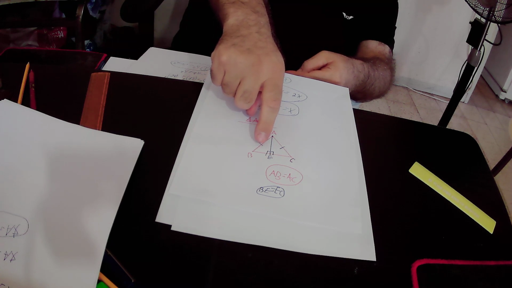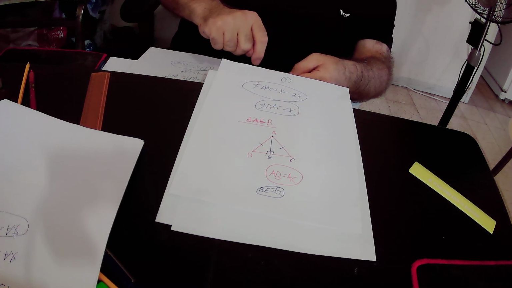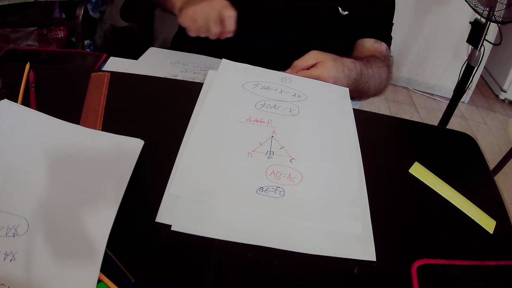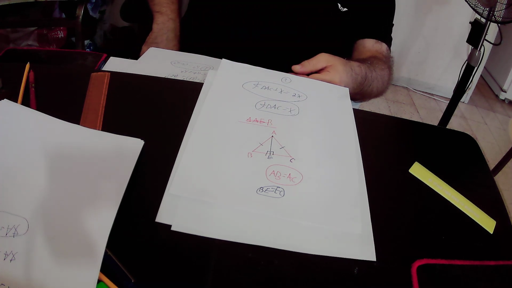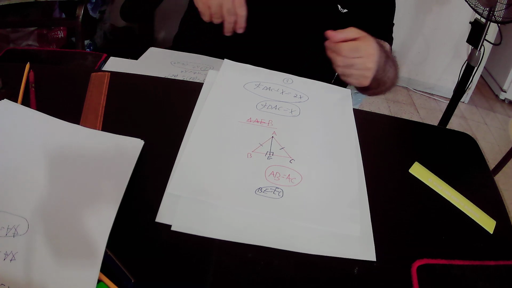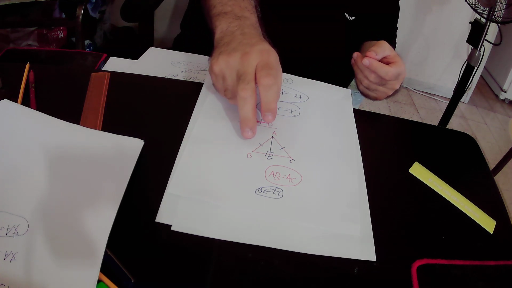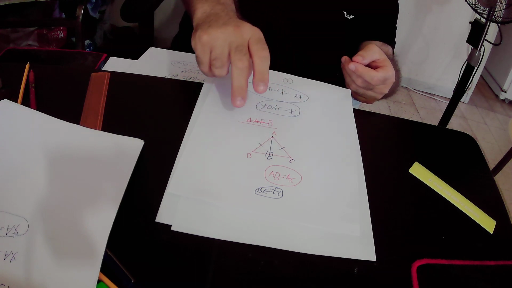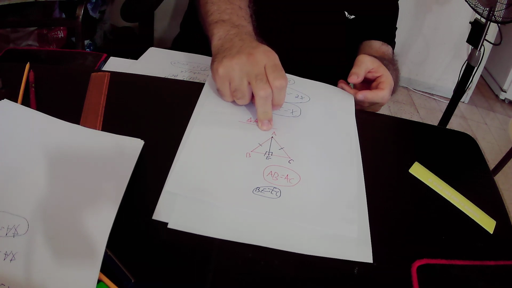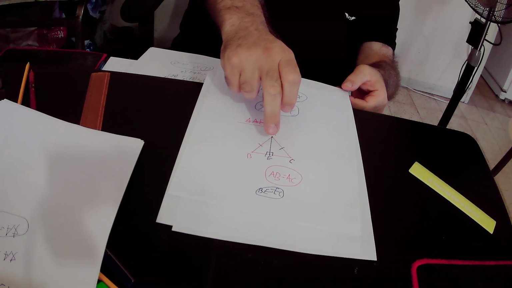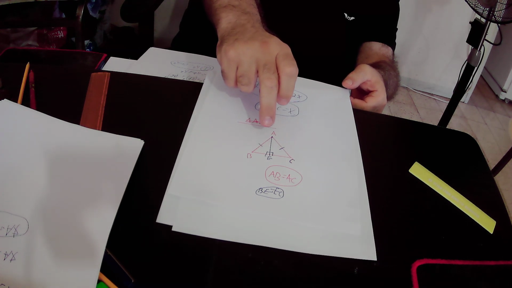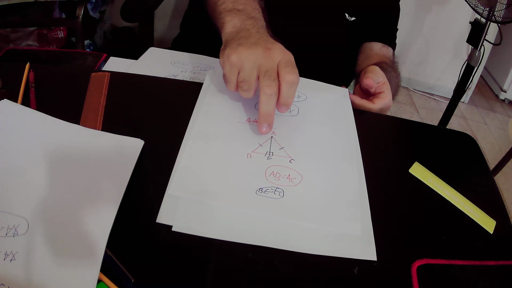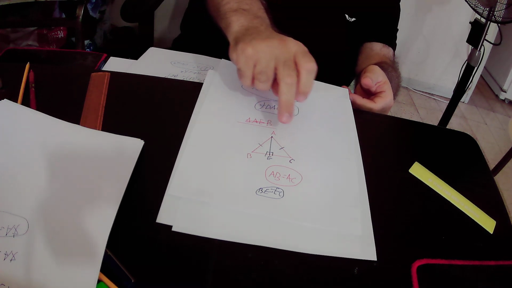That is to say, BE equals EC. We know that triangle ABC is an isosceles triangle. That is to say, AB equals AC. So if you draw a perpendicular in an isosceles triangle, then BE must be equal to EC.